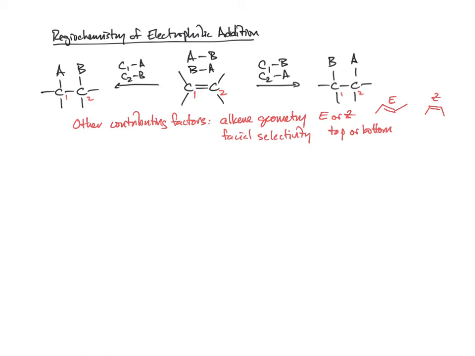What do I mean by facial selectivity? So let me use the trans as an example. So we have the trans 2-butene, where this methyl and this hydrogen, now we're viewing it where those are coming out towards you, and then these are projected away from you.